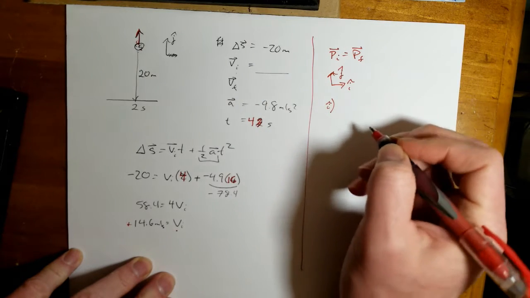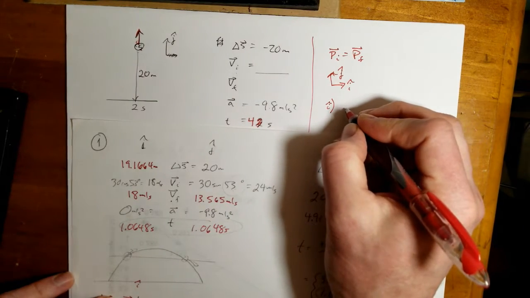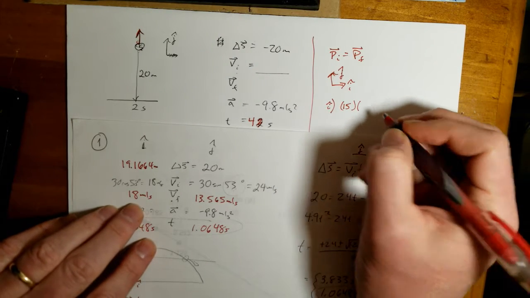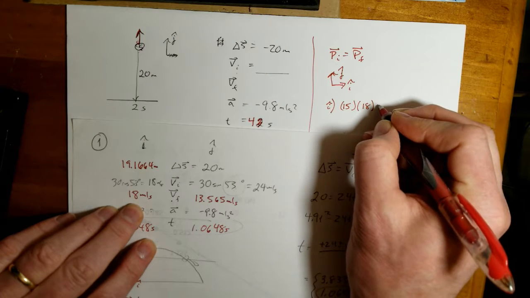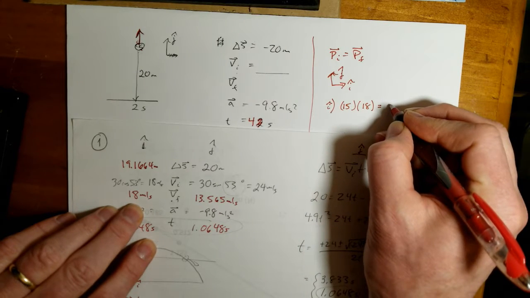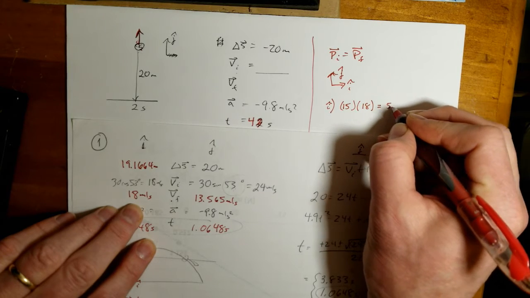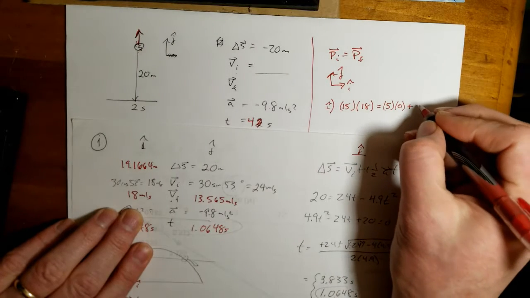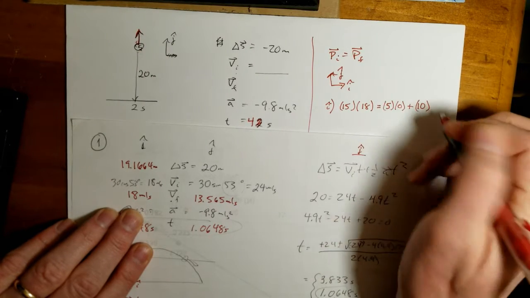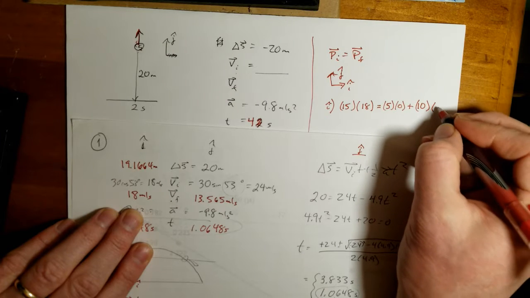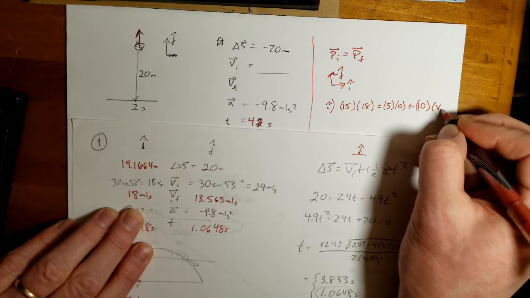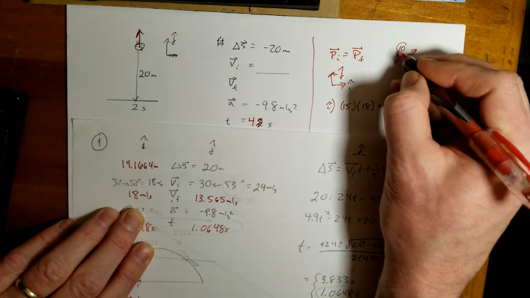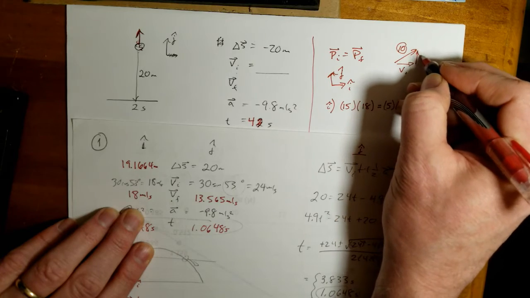My I equation here is, initially I have a 15 kilogram mass times 18 meters per second, and that's equal to, afterwards, my 5 kilogram mass times 0, because there is no horizontal component to it, and then whatever's left over, a 10 kilogram mass times what I'm trying to find out, and I'm just going to call that V1. So my 10 kilogram mass after the explosion, I have V1 and call it V2.